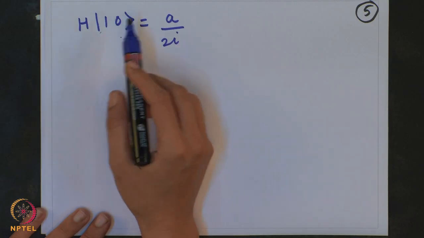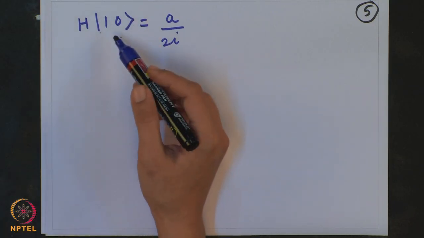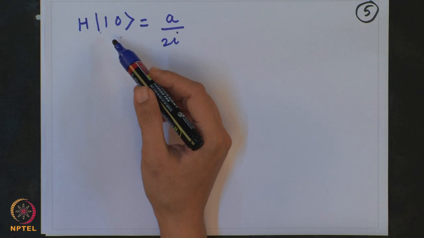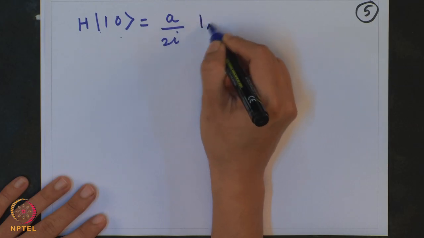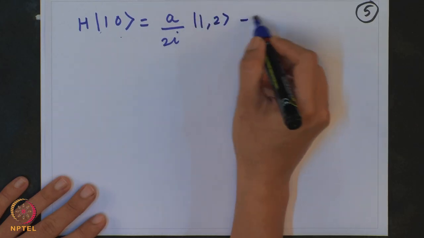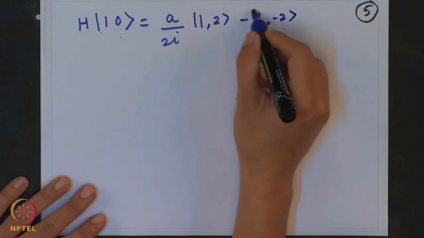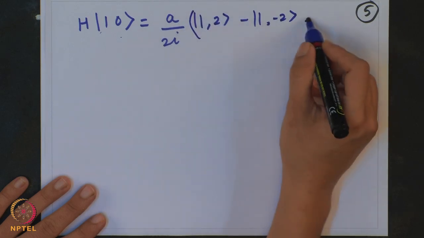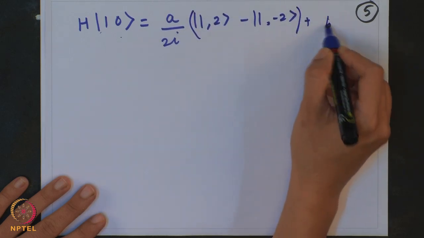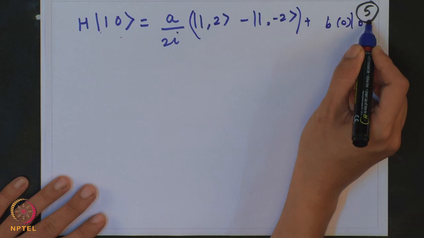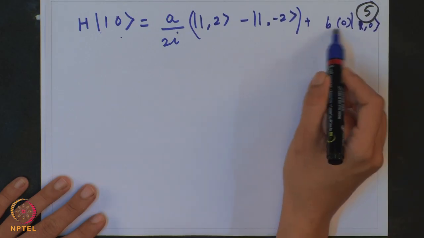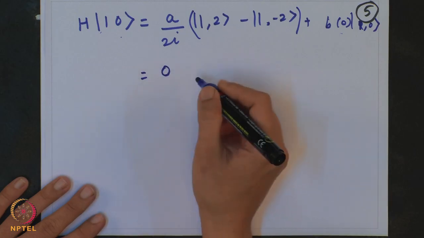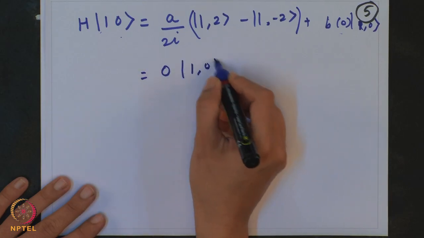L plus and L minus come with a square, so they will raise it twice, 2 steps, and L minus will lower it 2 steps. Basically what you get here is something like this. Plus you have a B term which will give you 0 times ket 1 0. So, this is equal to 0 times ket 1 0.